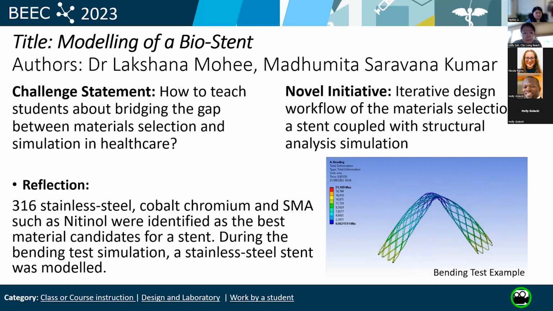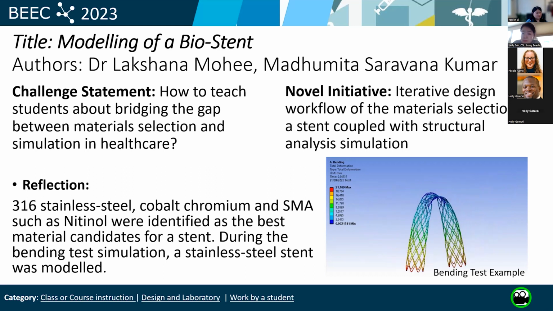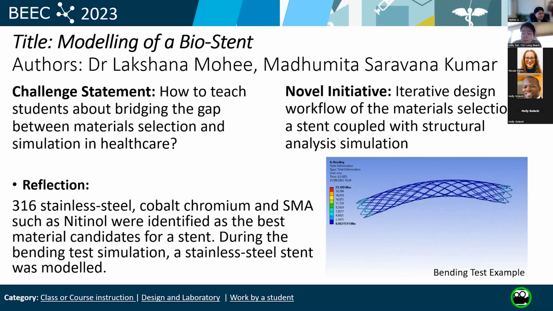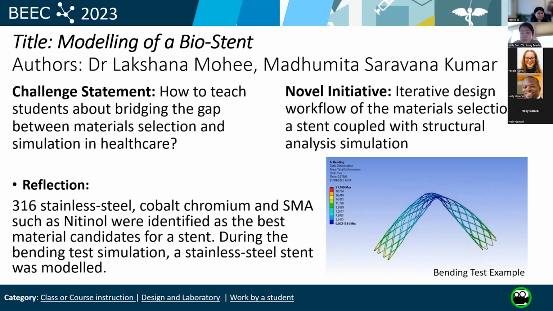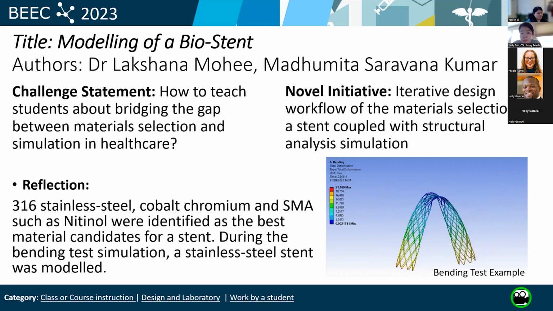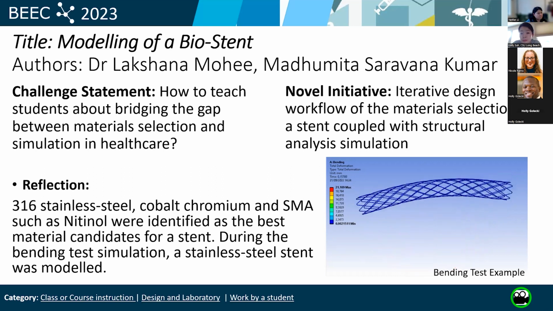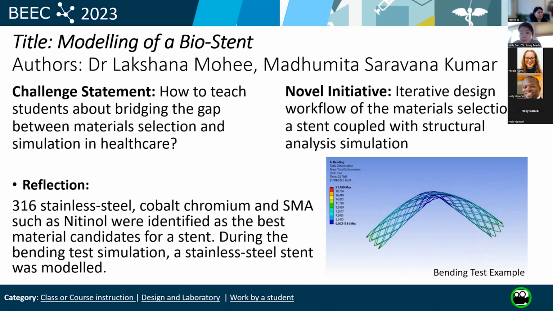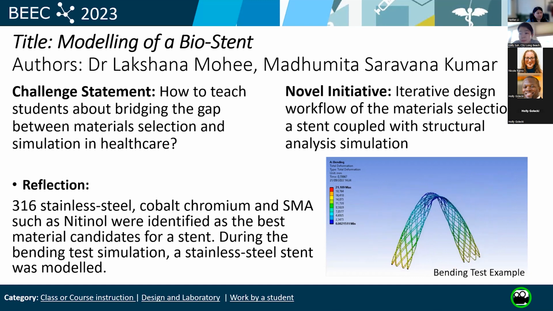But what we wanted to do is highlight at the introductory level what the thought process is. If we choose stainless steel, which is the simplest material that we have, and we do a very simple bending test, would students be able to grasp that concept? Would they be able to apply more mechanical attributes to take it further, and then finally simulate that stent within an artery setting? The answer is, we don't know.